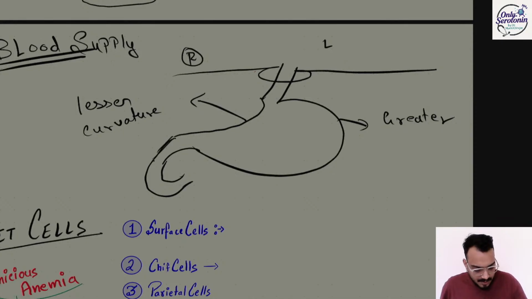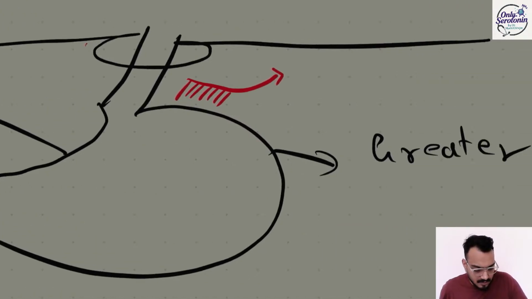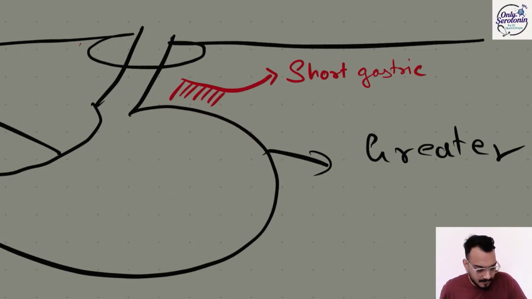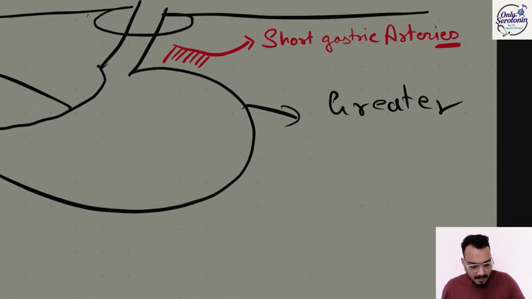Okay, let's start from the fundus part. So here I am having small arteries, and the combination of these small arteries is known as what, guys? This is known as short gastric arteries. It is plural, guys. Okay, remember it.